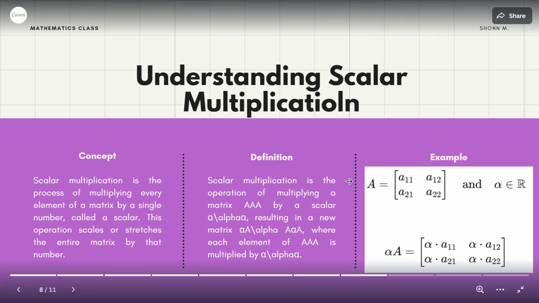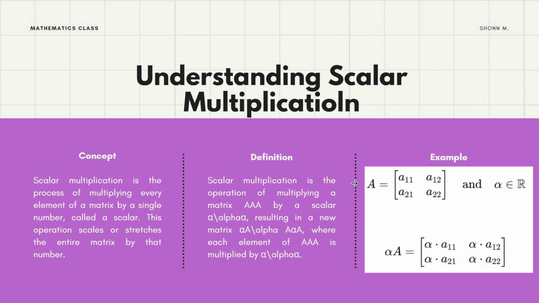So we have an example here. Matrix A, where each element is A sub 11, A sub 12, A sub 21, A sub 22, and where our alpha is an element of the real numbers.